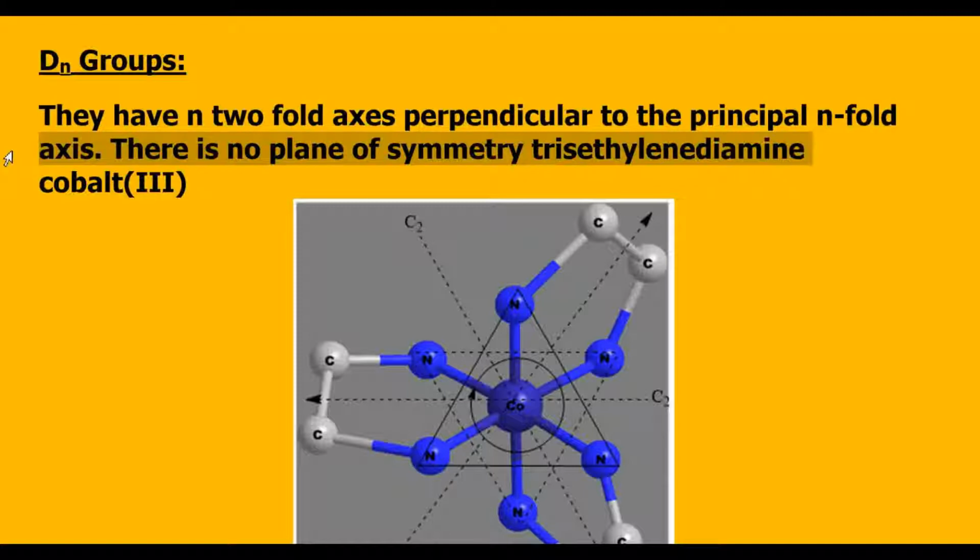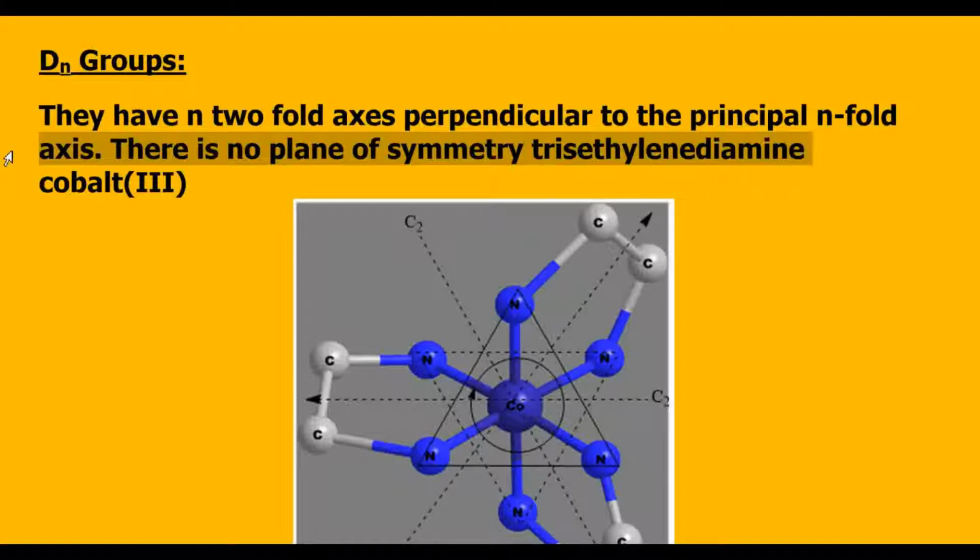So, if you have a molecule of which you don't know the point group, and if you suspect that the point group of this molecule can be Dn, then the things that you have to see are the presence of C2 axis perpendicular to the principal axis.